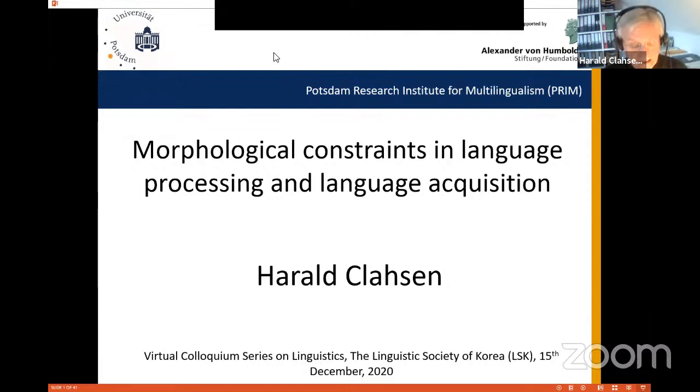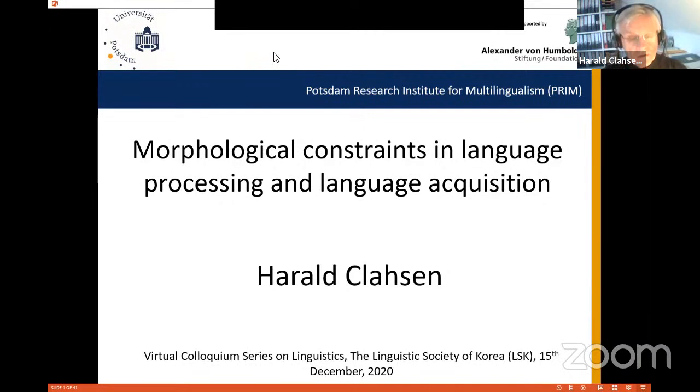But what I'd like to show is that even this simple-looking phenomenon is not so simple, and that when we properly investigate it from a linguistic and an experimental perspective, it will reveal general insights into core systems of language and mechanisms of language processing and language acquisition.